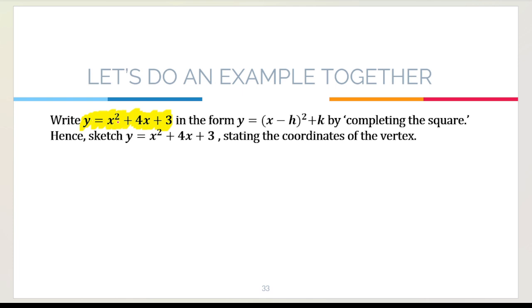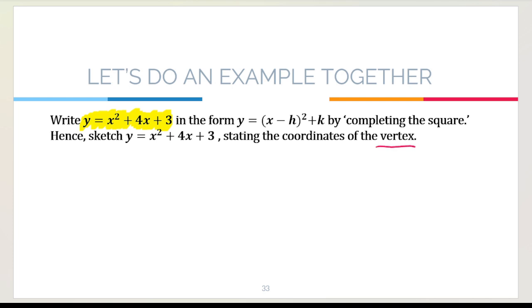So if you have a look at this, x squared plus 4x plus 3, we know that we can add 3 and 1 to get 4, and 3 times 1 is positive 3. So effectively, it's all done for us, but we are more interested in the vertex here.